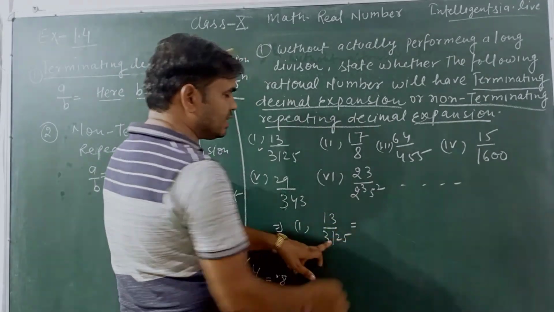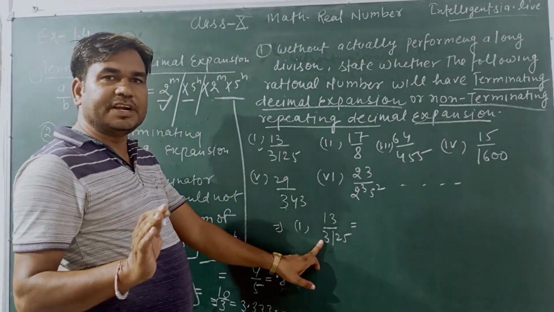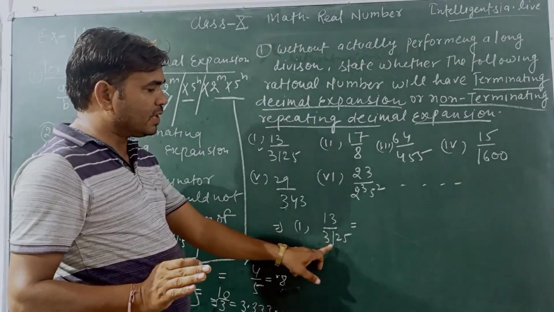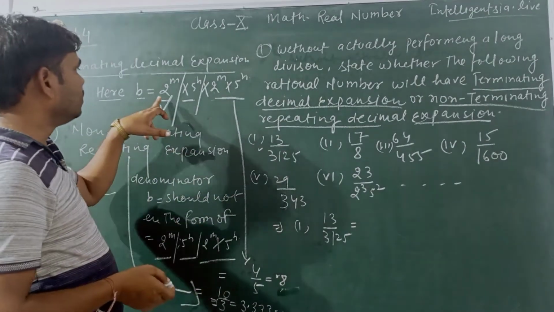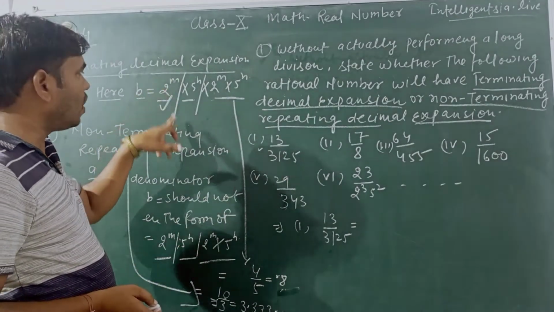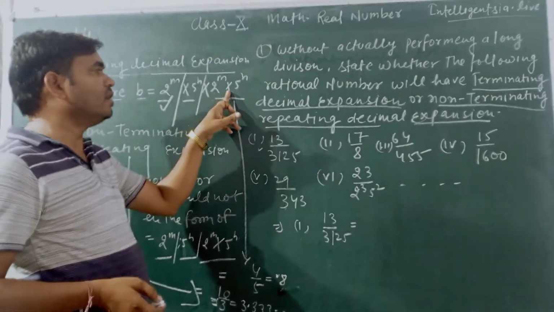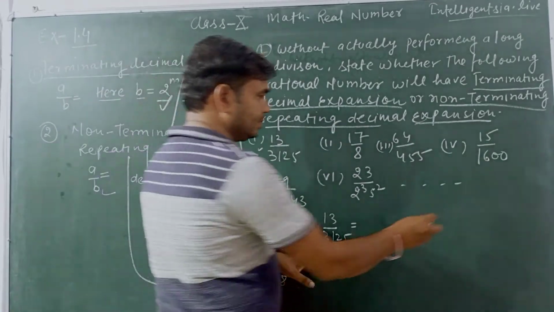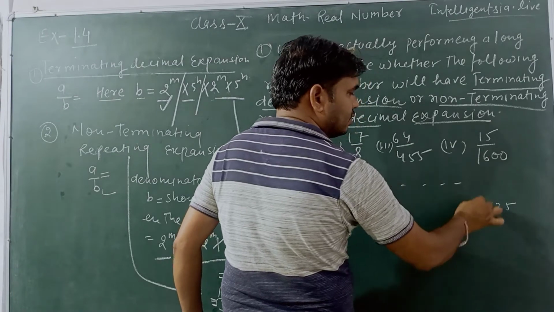First we have to notice that the denominator of any rational number, this is 3125, we have to write in the form of 2 to the power m, or 5 to the power n, or 2 to the power m multiplied by 5 to the power n.